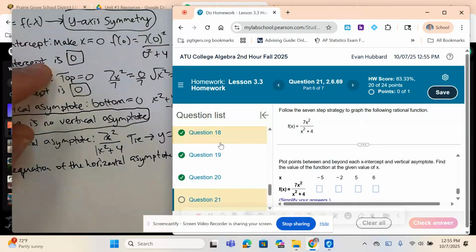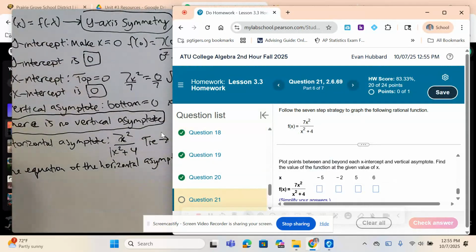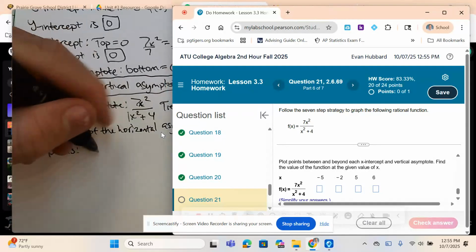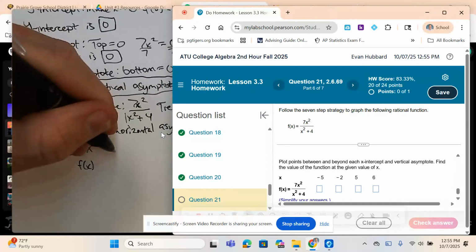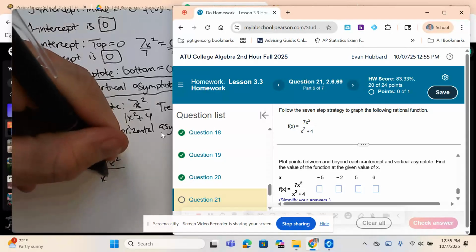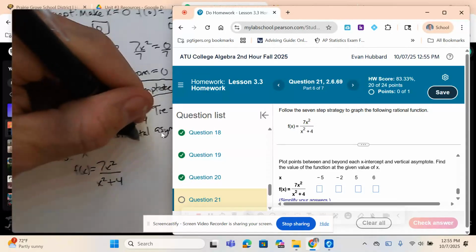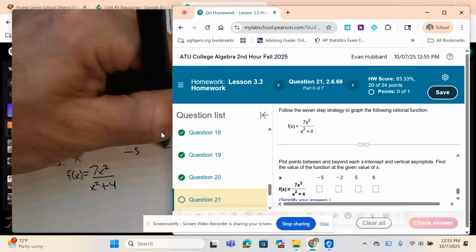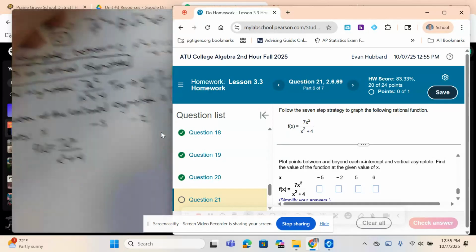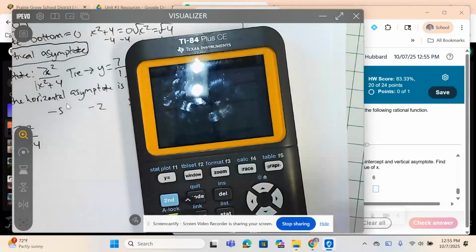Now, plot points. You could use your calculator, MathFrax, your BFF on this. I'm going to waste another piece of paper on this homework. I go to MathFrax, or I've already entered it in there.